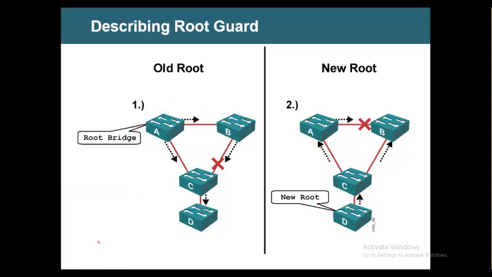What is a superior BPDU? The superior BPDU is the BPDU that will win the process and achieve what the attacker wants. Based on the BPDU, only the root bridge is selected. If anyone sends a better BPDU, then that one becomes the root switch. How to prevent this? There's an attack.